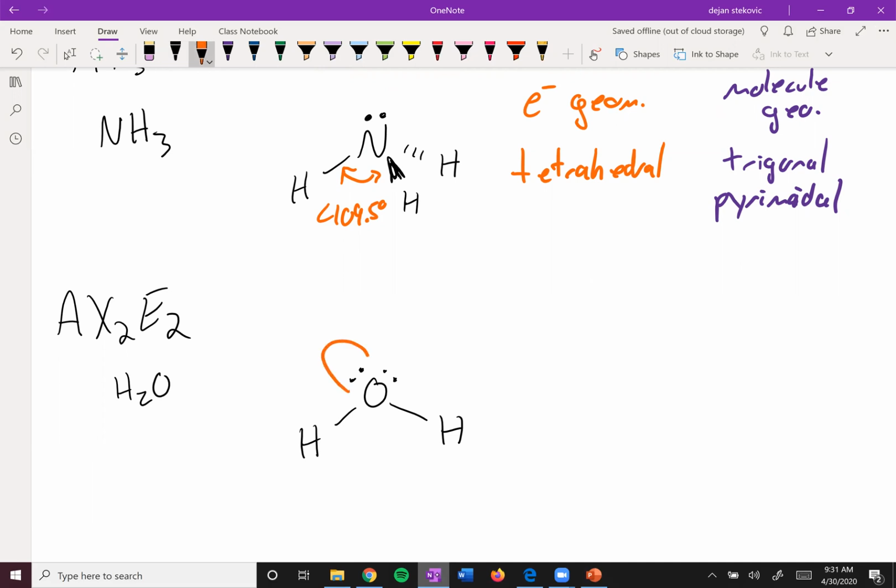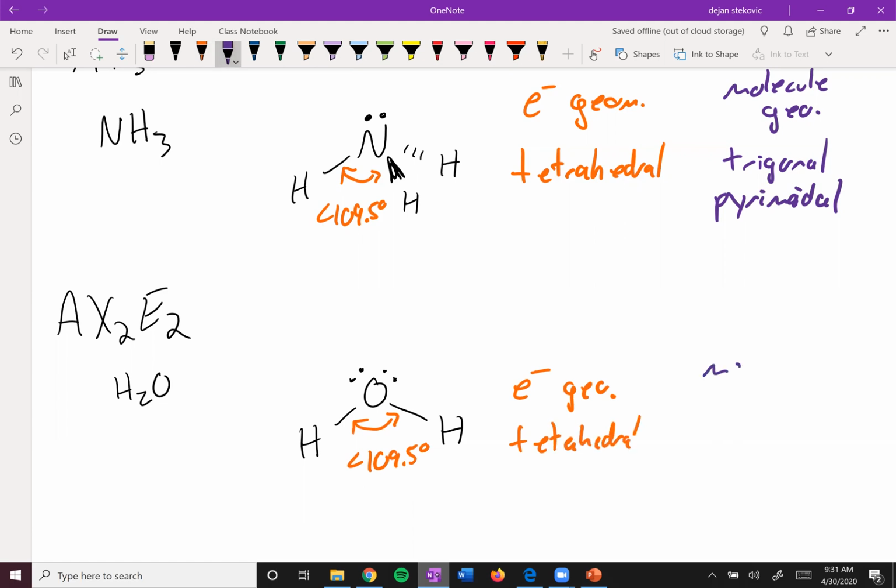But in reality, one of them is coming out of the plane, and one of them is going into the plane. But this is generally the way it's drawn. And remember, lone pairs repel more than single bonds, so we say this bond is less than 109.5 degrees. The electron geometry, still tetrahedral.